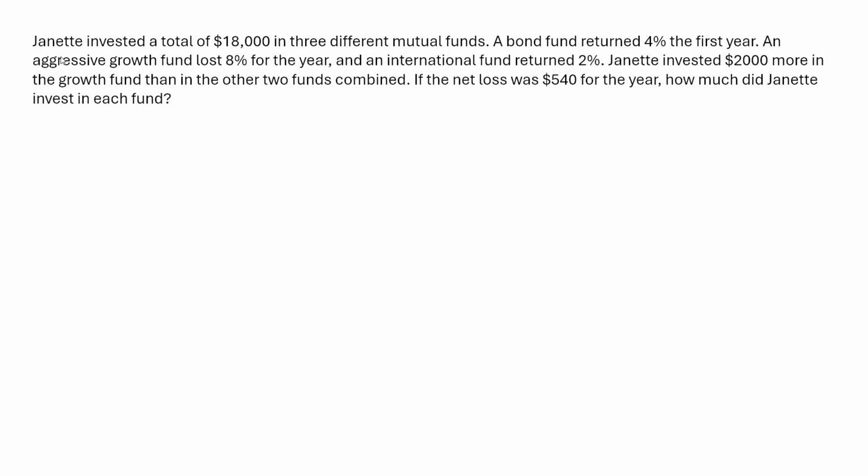Okay, so this is going to be 3 equations and 3 unknowns. We know there are 3 unknowns because the question is, how much did Jeanette invest in each fund? And there are 3 different funds: a bond fund, an aggressive growth fund, and an international fund. So those are going to be our 3 unknowns.